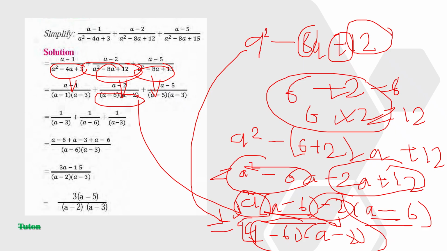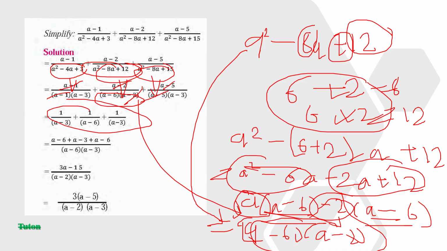Doing the similar process for all the other equations, we get these fractions of terms. Then in the second step, we cancel the similar items, all a minus 6, and then we are left with this term.